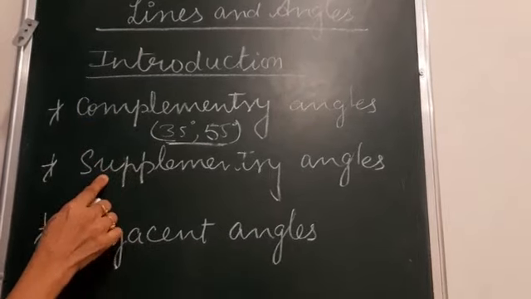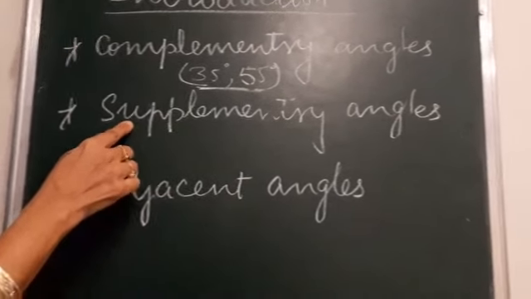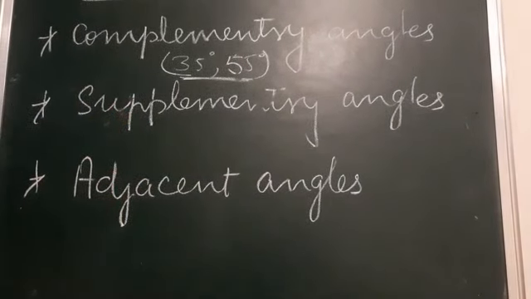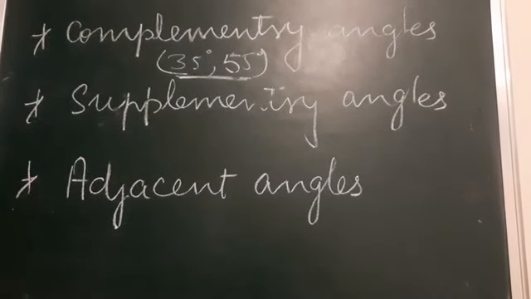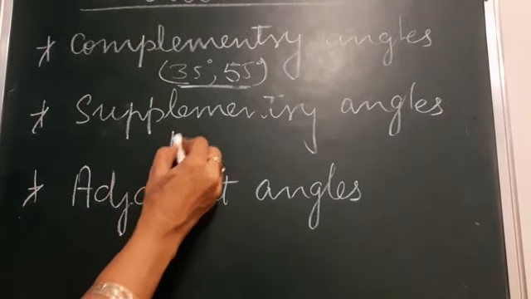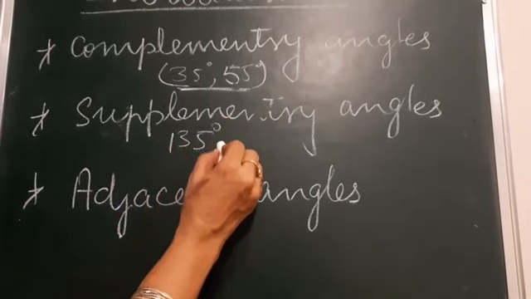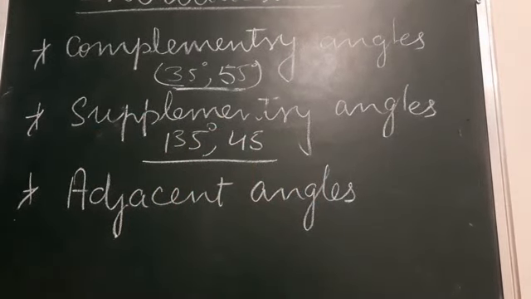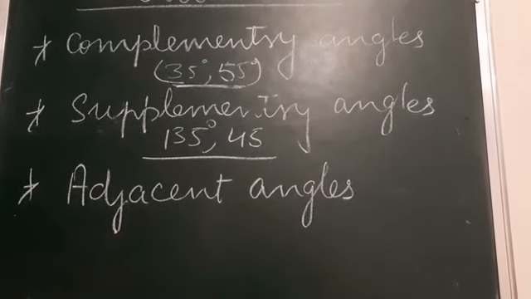Now come to supplementary angles. A pair of angles is said to be supplementary if the sum of the two angles is 180 degrees. For example, 135 and 45. When you do the sum, you will get 180 degrees.